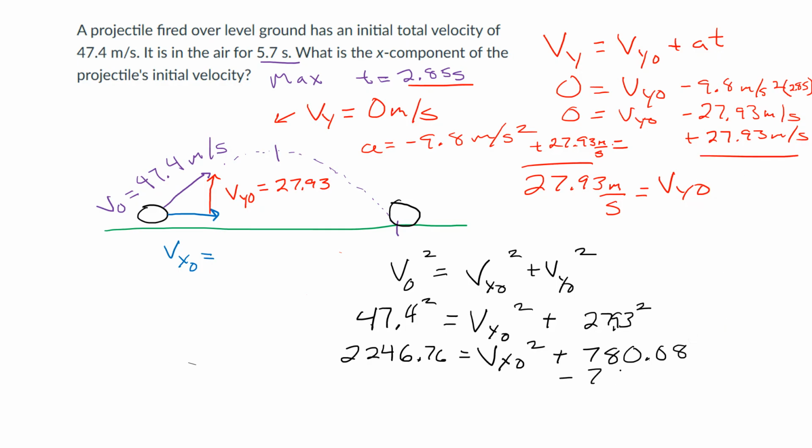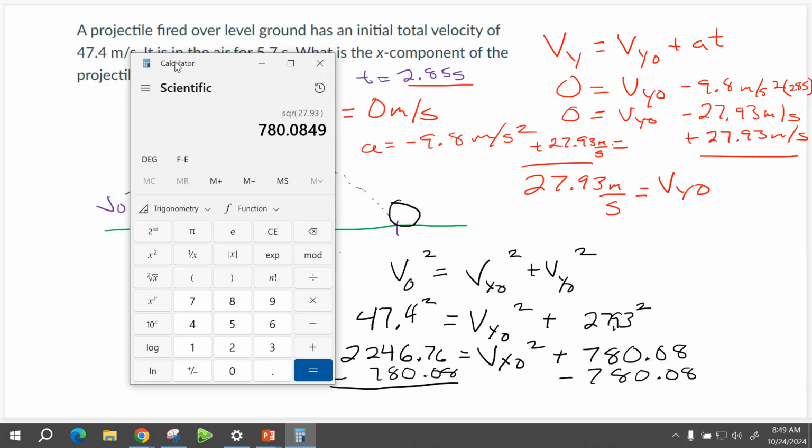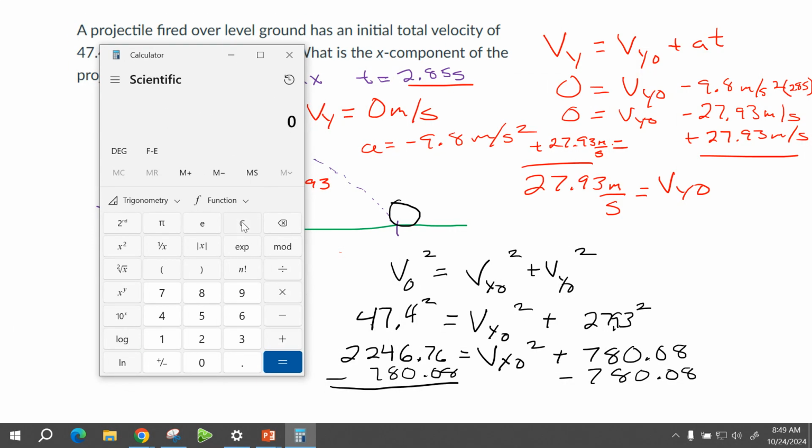I'm going to subtract the 780.08 from both sides. So we say 2246.76 minus 780.08.